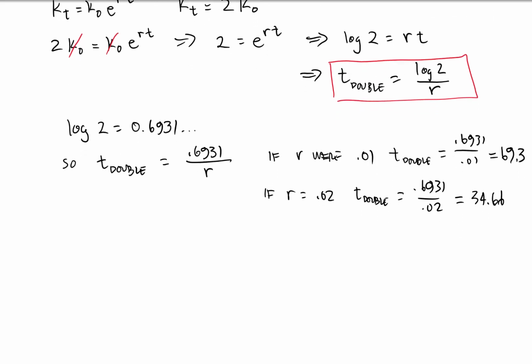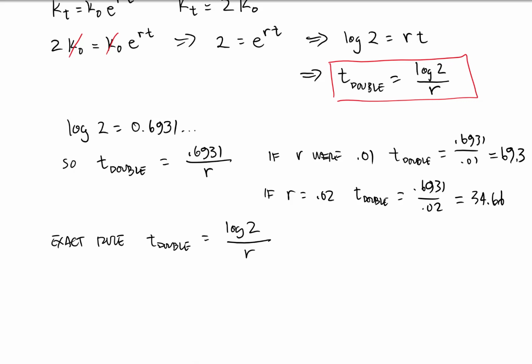This turns out to be a rule that has been known for a long time. This rule has actually been known for longer than the logarithms have been around. Our exact rule is that t double, the doubling time, is going to be the logarithm of 2 divided by the growth rate.